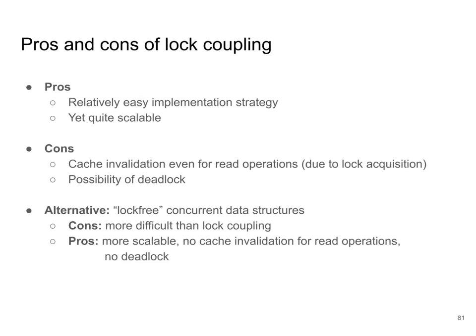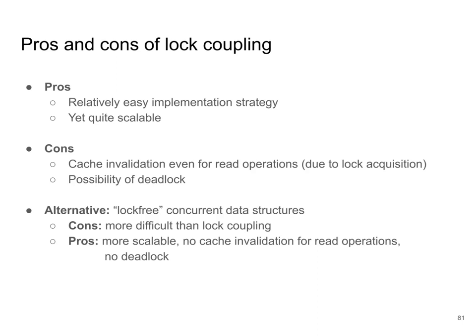So there are pros and cons of lock coupling. The first pro is that it is a relatively easy implementation strategy. It is much easier than fine-grained concurrent data structures, and yet it is quite scalable. For example, for the linked list, they are concurrently holding only 2 locks in the data structure.